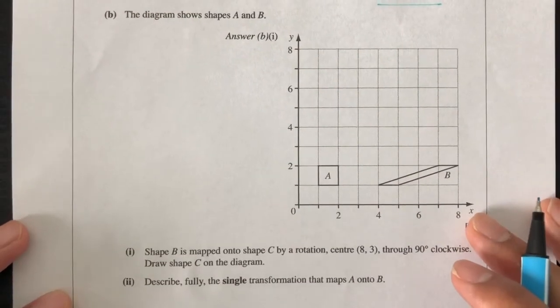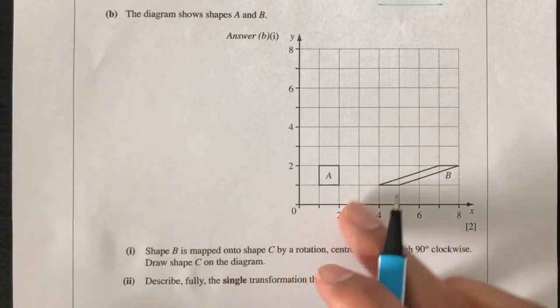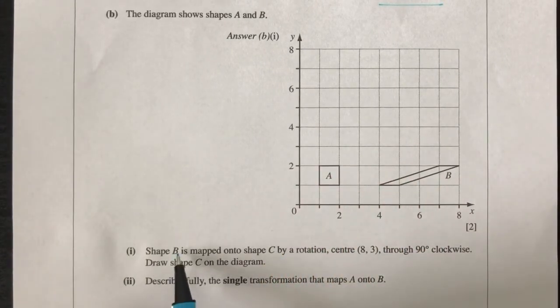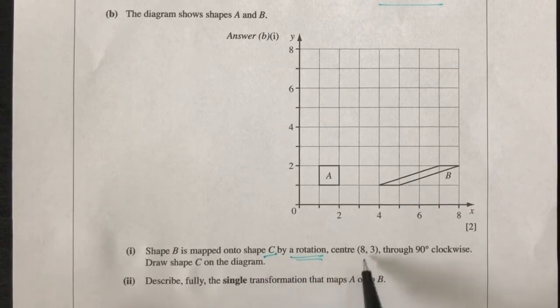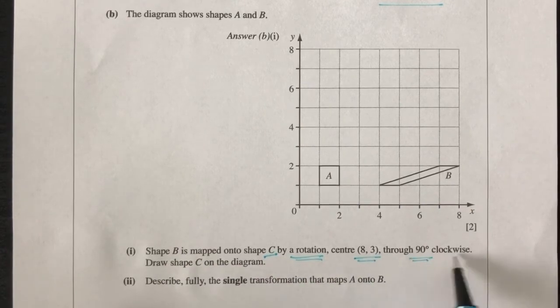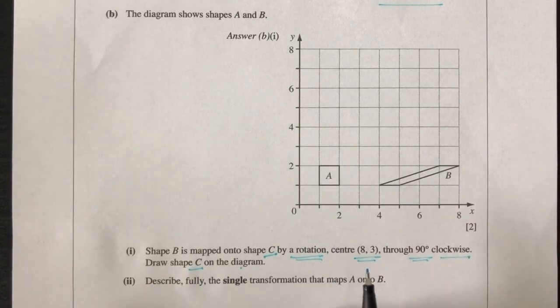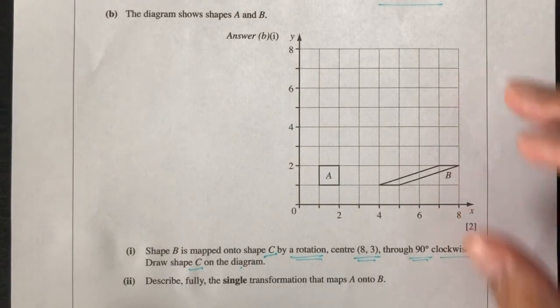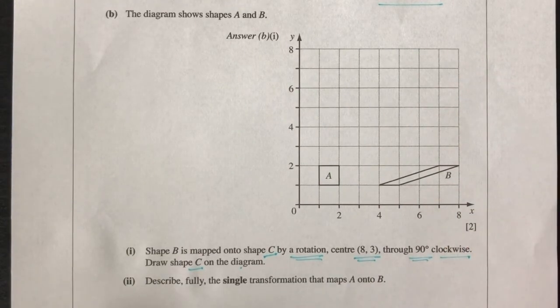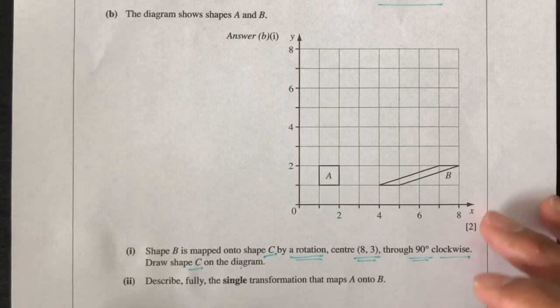Now part B, we have two shapes, A and B. Now it says shape B is mapped onto shape C by a rotation center 8, 3 through 90 degrees clockwise. Draw shape C on the diagram. So I don't like to draw directly. What I like to do is use matrix, so I know that my answer will be exactly correct. I don't have to test.